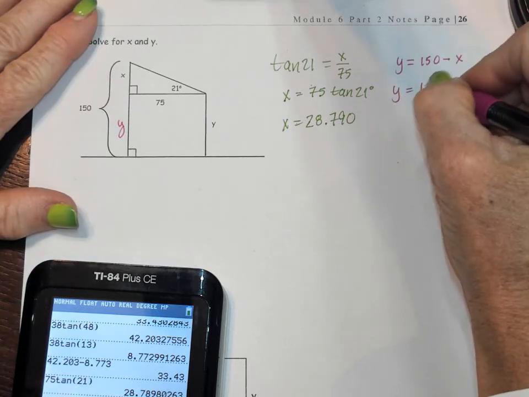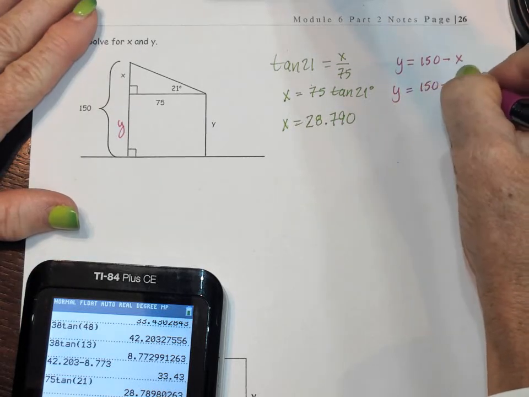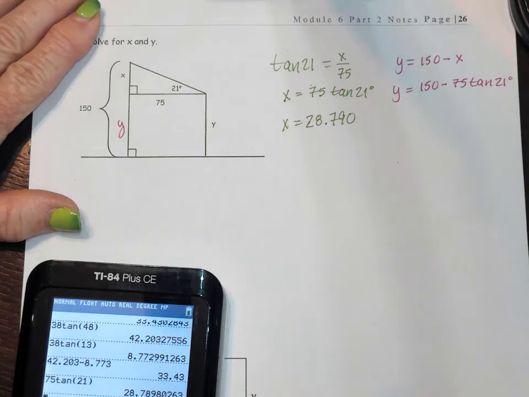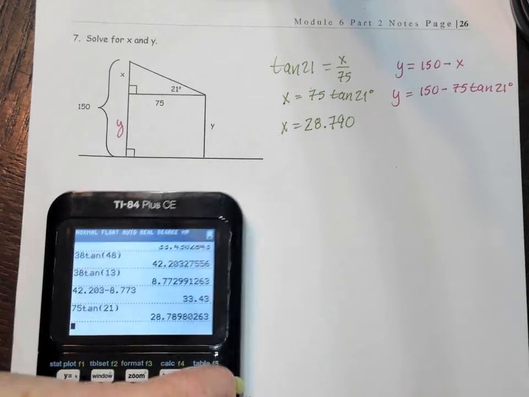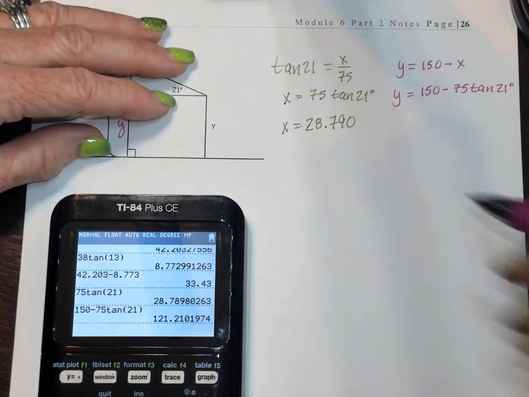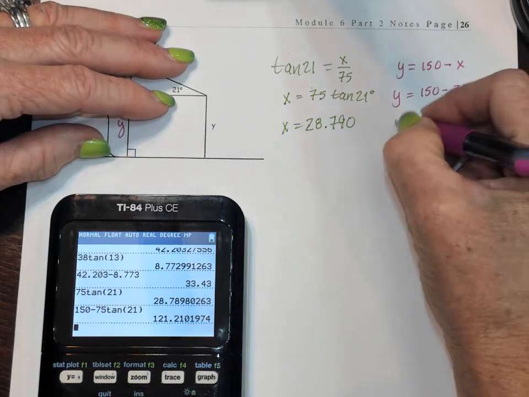And I'm just going to do this as 150 minus 75 tangent 21. I'm going to show you two ways to do that on your calculator. One, you can just type it right in as is, 150 minus 75 tangent 21. And there it is, 121.210.